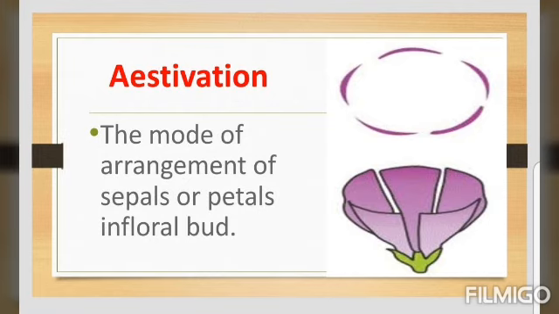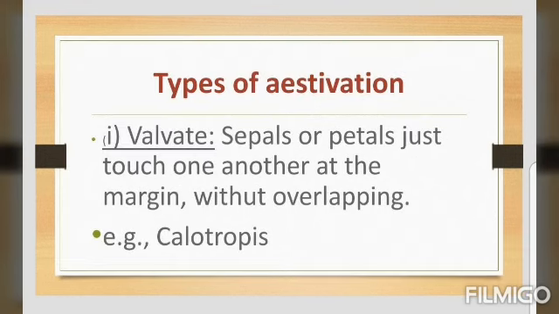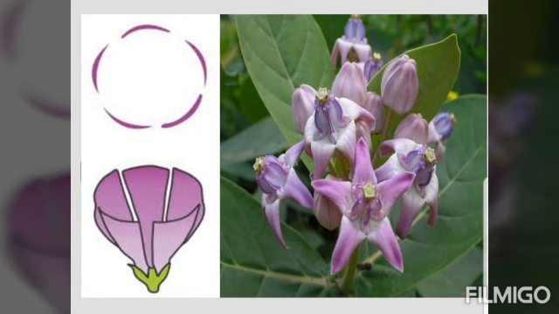The main types of estivation are valvate, twisted, imbricate, and vexillary. When sepals or petals in a whorl just touch one another at the margin without overlapping, as in case of Calotropis, it is said to be valvate estivation.